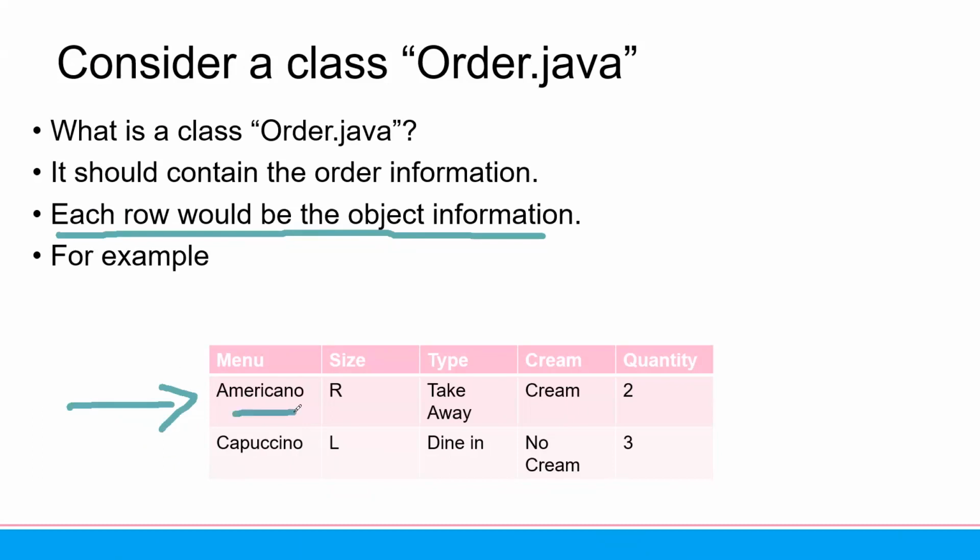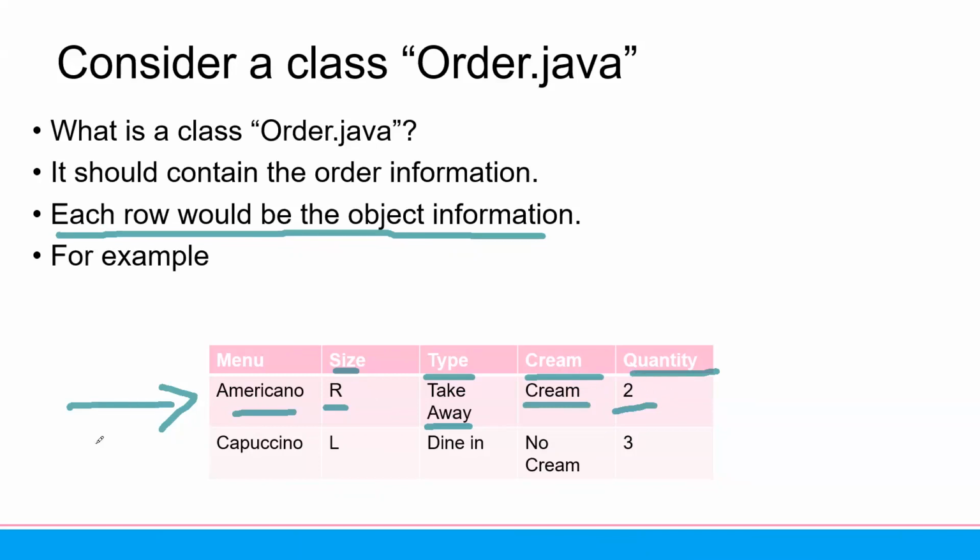The menu is Americano, and then the size is regular, and then the type is takeaway. It means the customer wants to take away the product, and then whether they include whipped cream or not. So if it includes the whipped cream, then we can put the data cream. And then quantity, this customer bought the Americano 2 pieces.